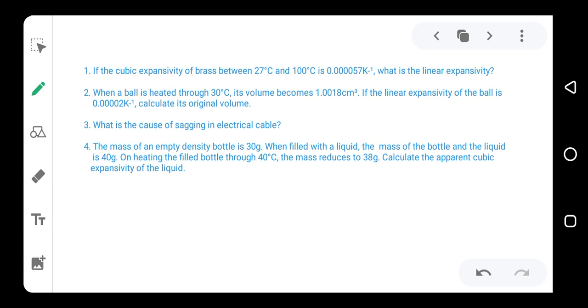Take for instance, we can relate the mass of an object with the original mass of it, or the weight of the object with the original weight of it, or volume of the object with the original volume of it.